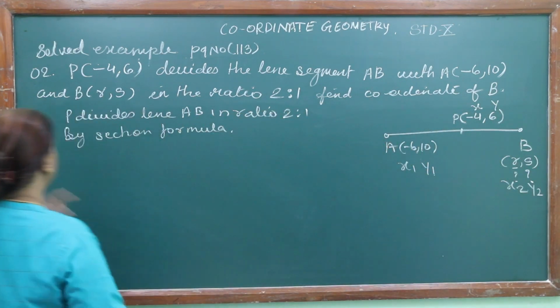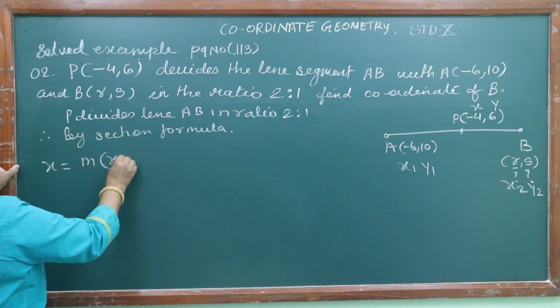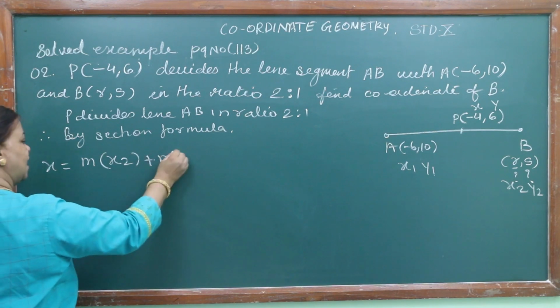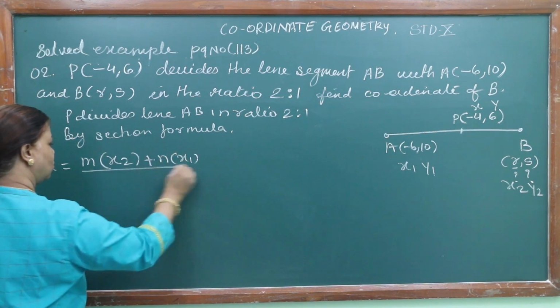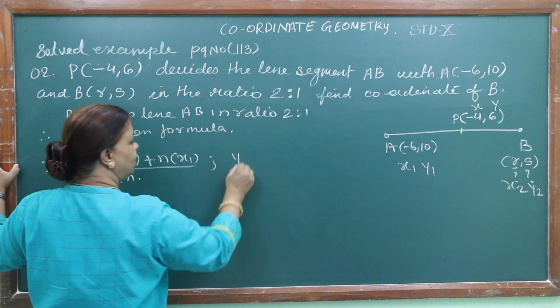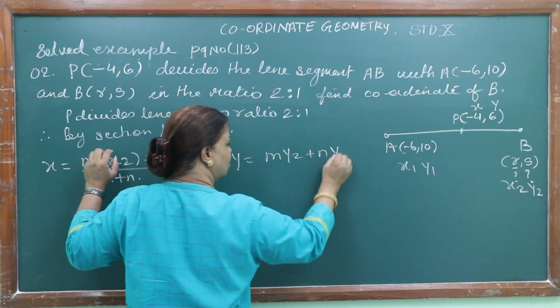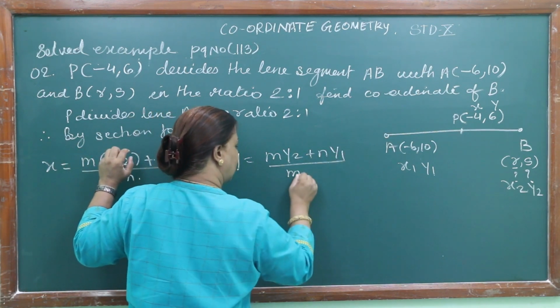So the x coordinate will be equal to (m x2 plus n x1) upon (m plus n), and the y coordinate would be (m y2 plus n y1) upon (m plus n).